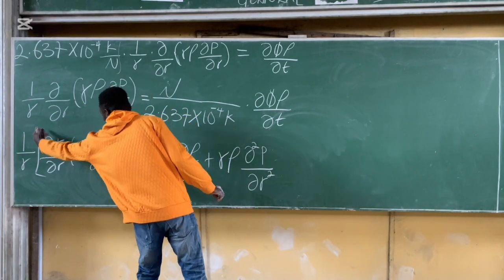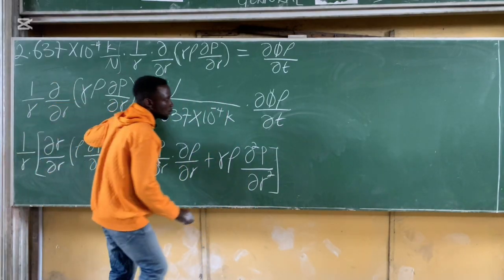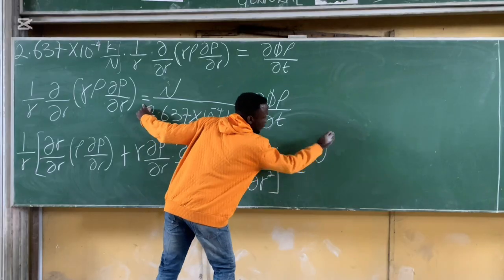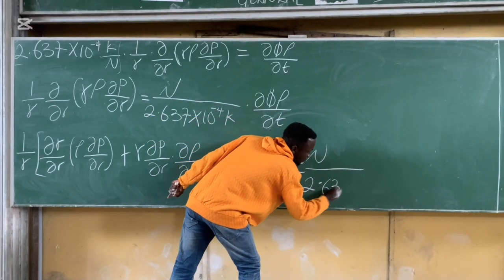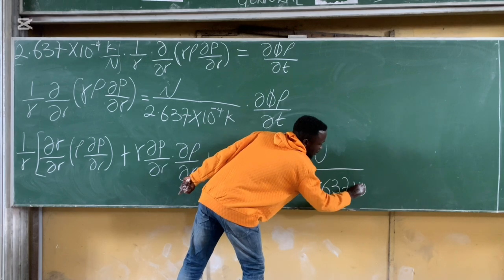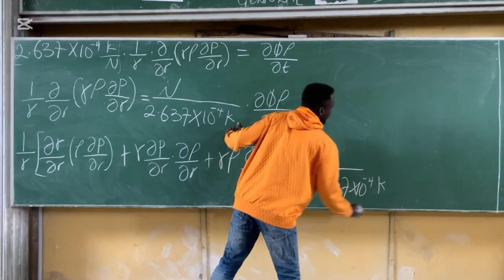So if we differentiate this one with respect to this, we are going to have this. Then let's close this bracket, which is this, then equal to mu divided by 2.637 times 10 raised to the power of minus 4 k.